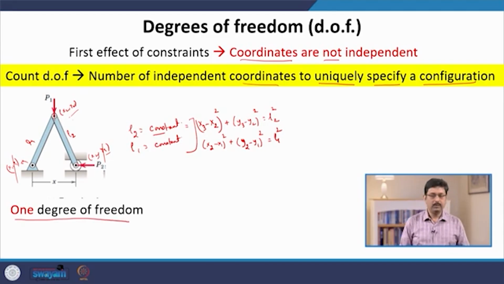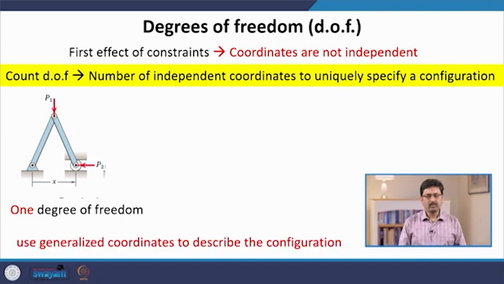Even though it looks like a complicated object, if you analyze it carefully you will find that this is fairly simple, this is just a 1 degree of freedom. That means only one coordinate, one variable is enough to specify the position of this system. Now, the point is that this variable is not a unique choice.